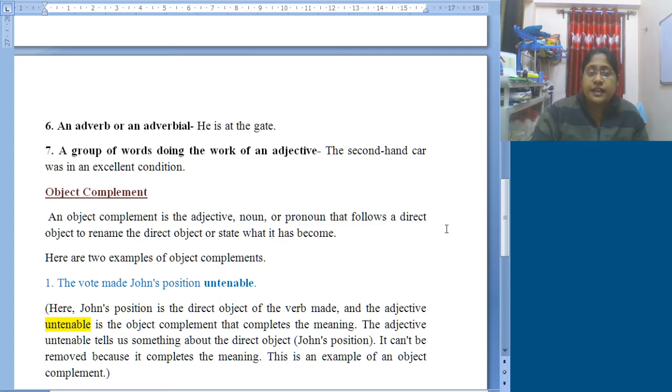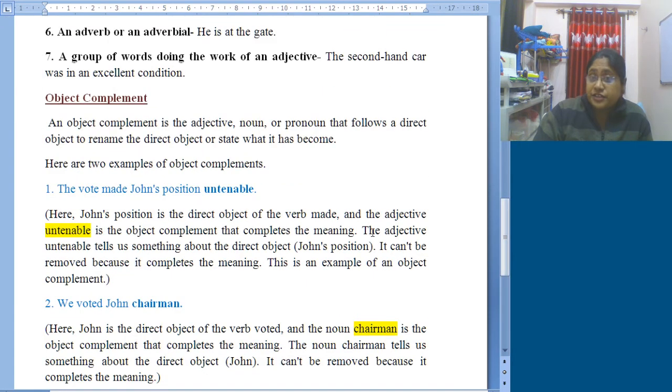For example, the vote made John's position untenable. Here John's position is the direct object of the verb made, and untenable serves as an adjective. So the word untenable is the complement here.